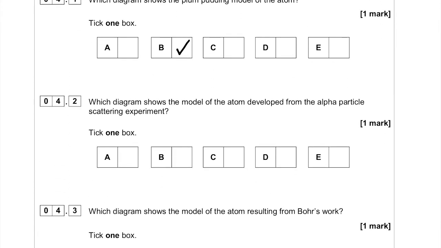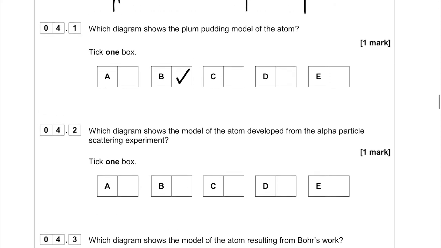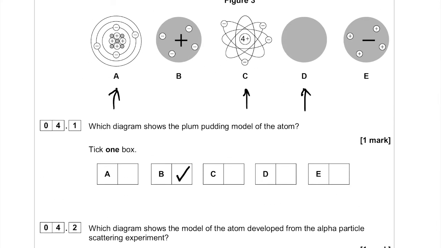And which diagram shows the model of the atom developed by the alpha particle scattering experiment? We must tick one other box. Alpha particle scattering, or the gold foil experiment, involves shooting alpha particles into a thin sheet of gold and seeing if any backscattering happens.